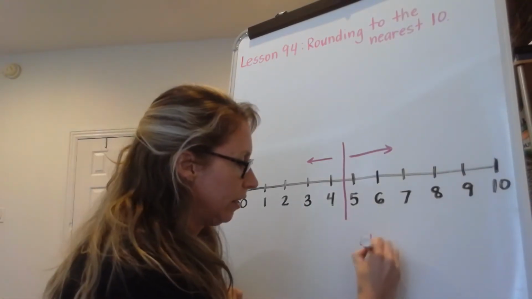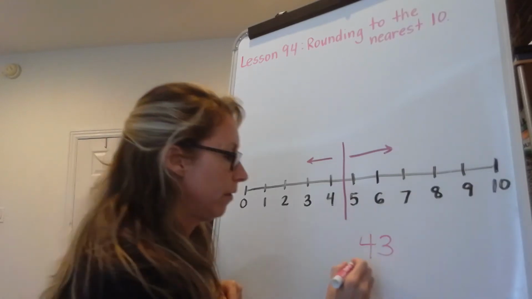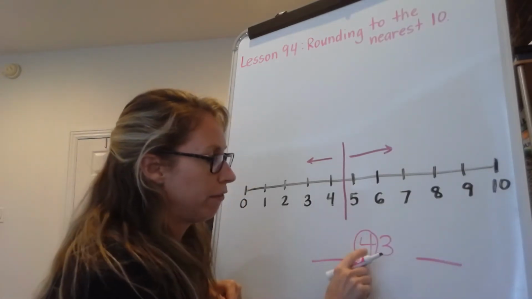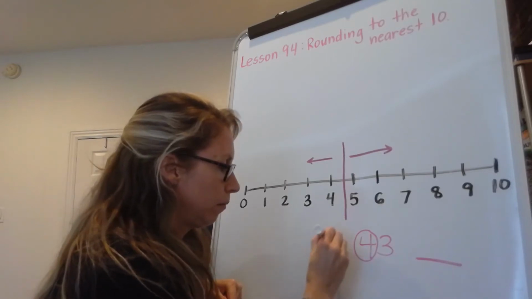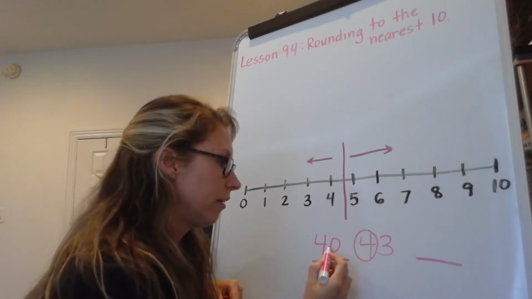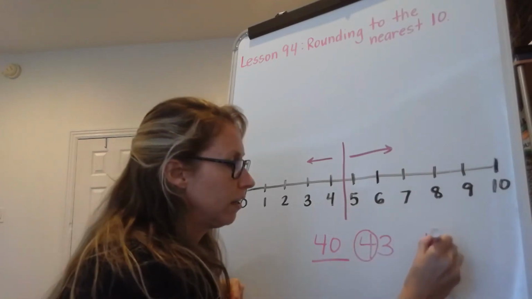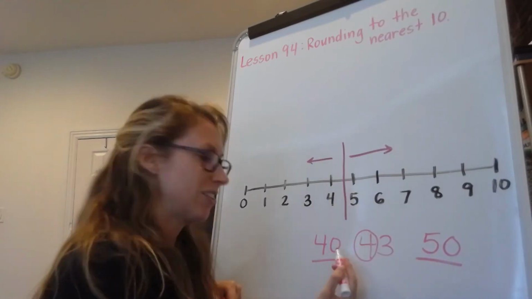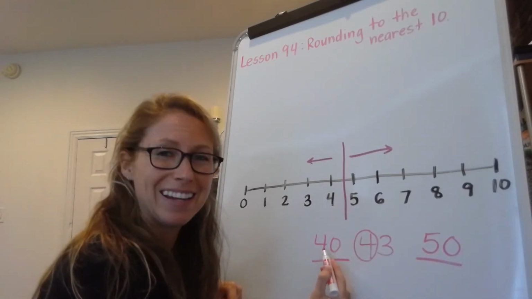You can't really see it on the board. So 43, can we see it now? There we go. So I look at my 40 and I'll say, okay, 40 comes before it. And then after it, 40, 50. Always think 4, 5. It just goes one bigger in the tens column.